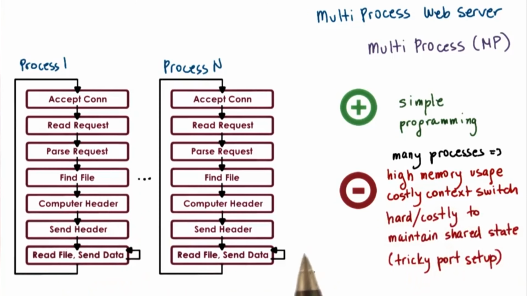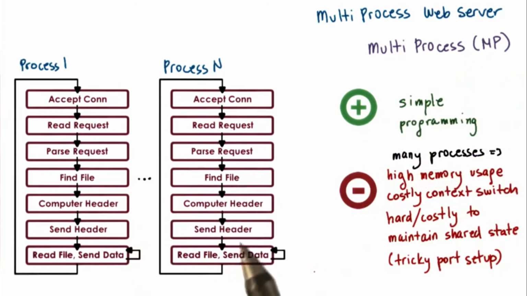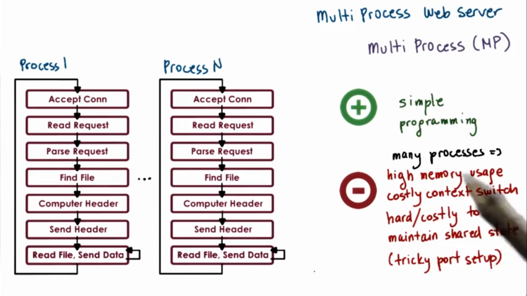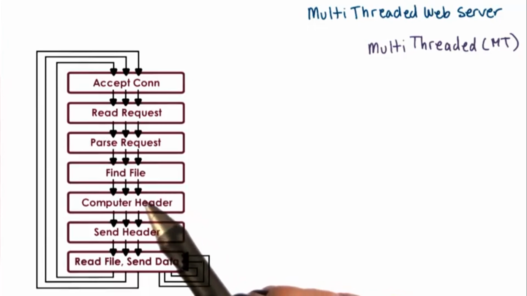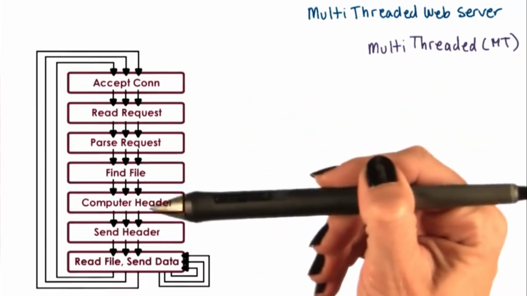Also, it can be rather expensive to maintain shared state across processes because the communication mechanisms and the synchronization mechanisms that are available across processes have a little bit higher overhead. And in some cases, it may even be a little bit tricky to do certain things like, for instance, forcing multiple processes to be able to respond to a single address and to share an actual socket port. An alternative to the multi-process model is to develop the web server as a multi-threaded application.